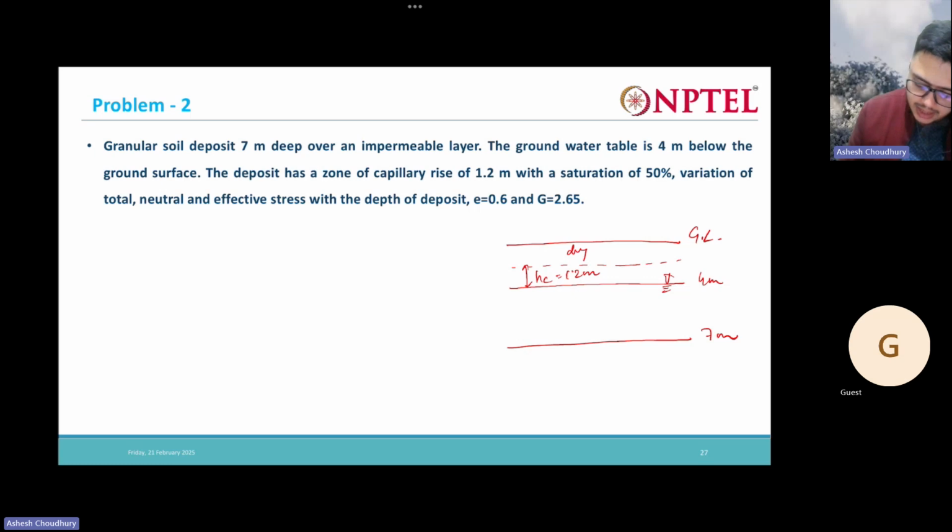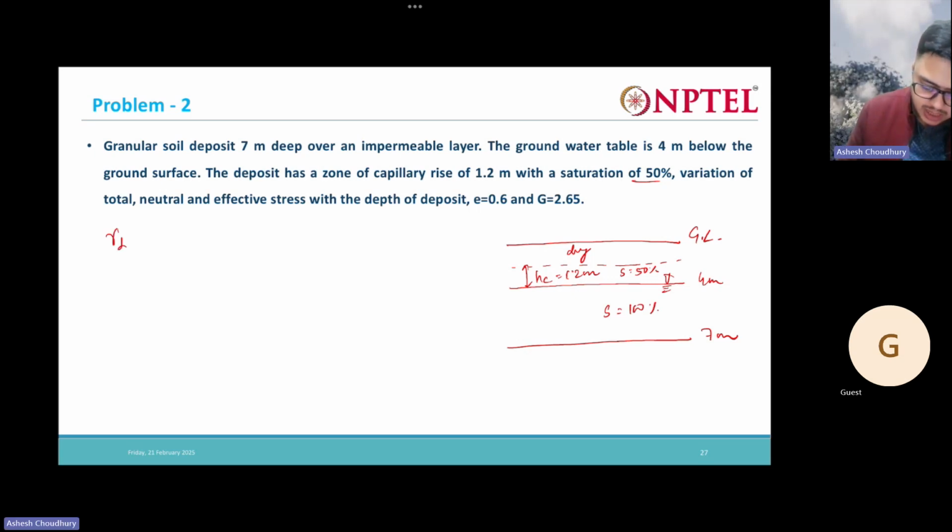Here the soil is dry, and at this portion it is saturated 50%. So S is equal to 50%. And at this portion S is equal to 100%, obviously.